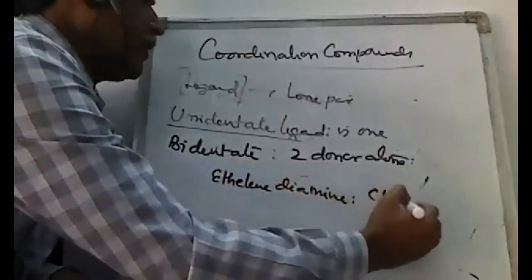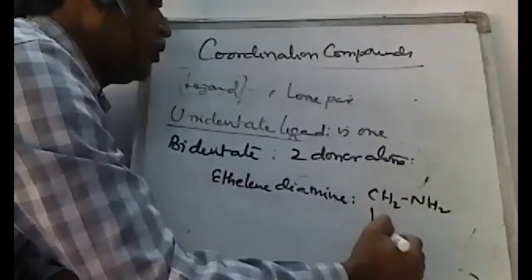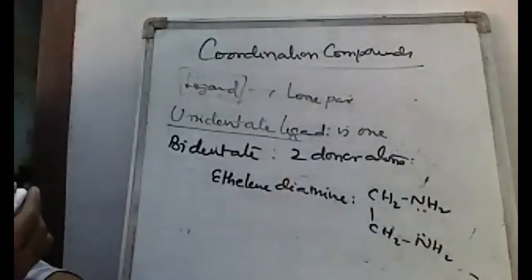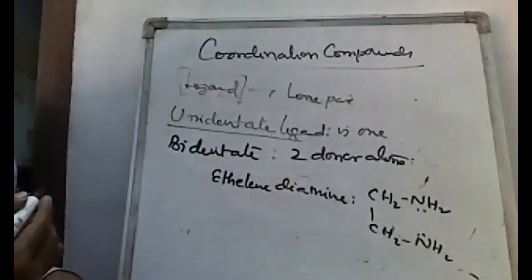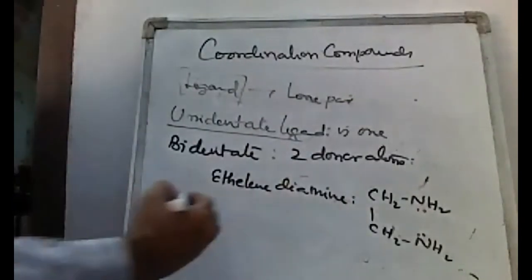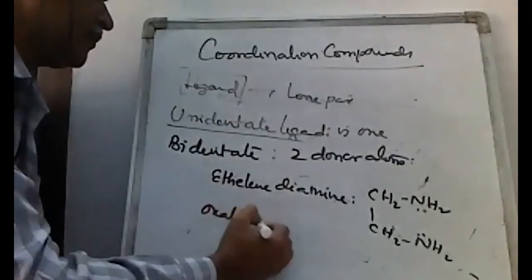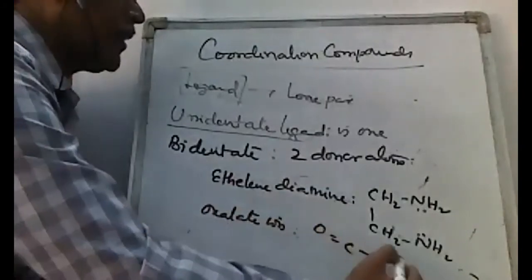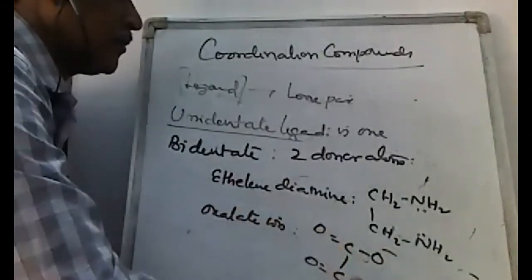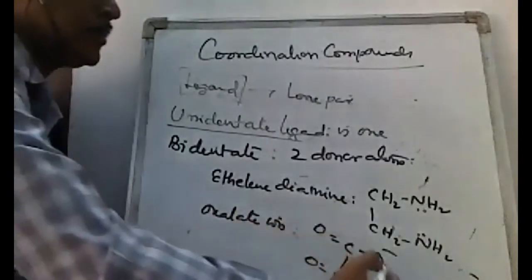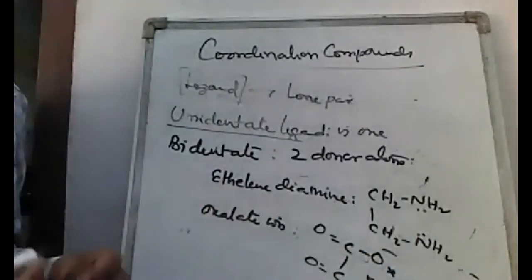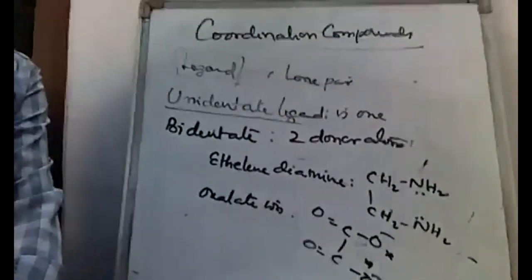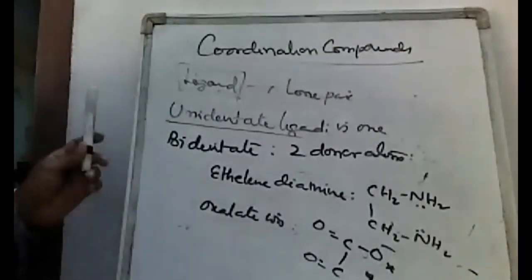There are two donor atoms, two nitrogens. Similarly, oxalate ion, C2O4 2 minus. Here both the oxygens are the donor atoms. This is a bidentate ligand.